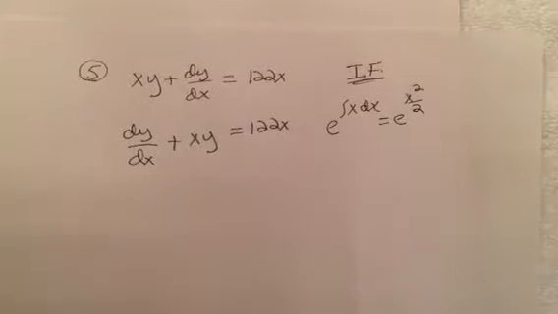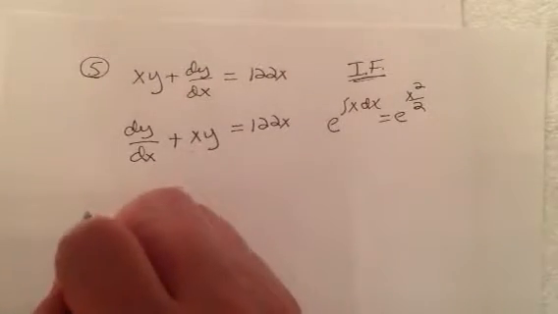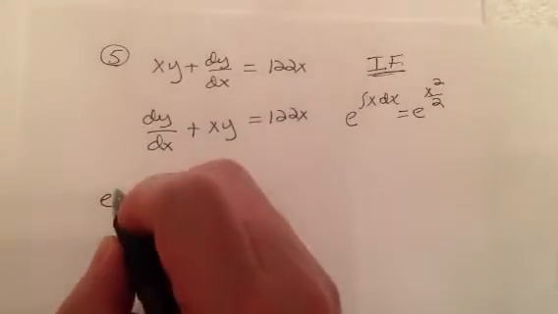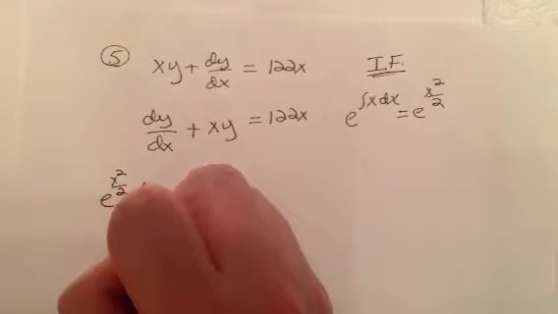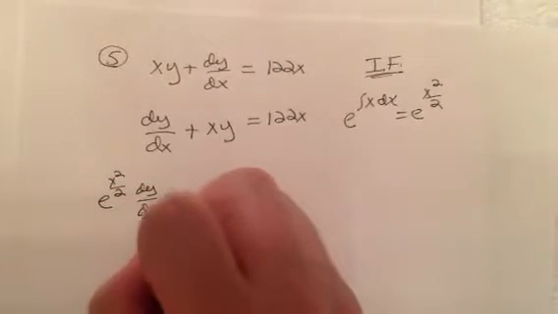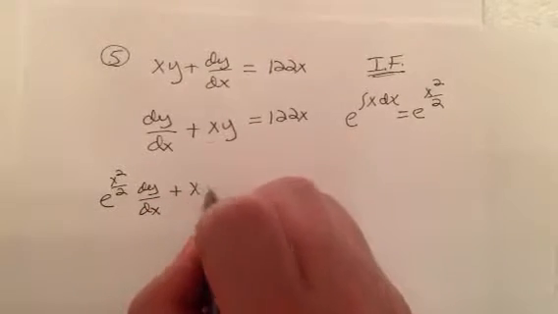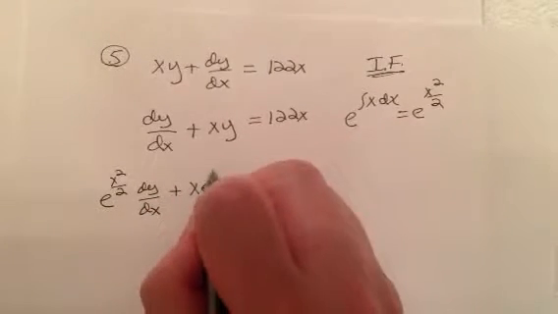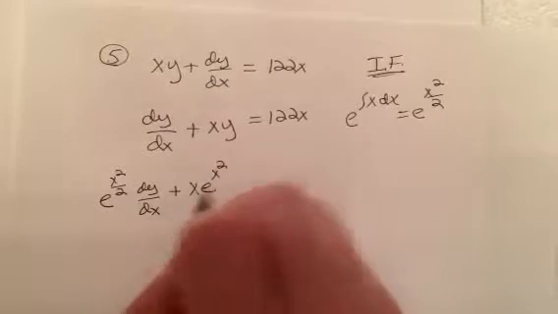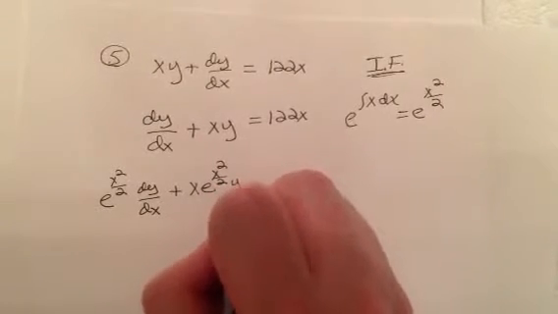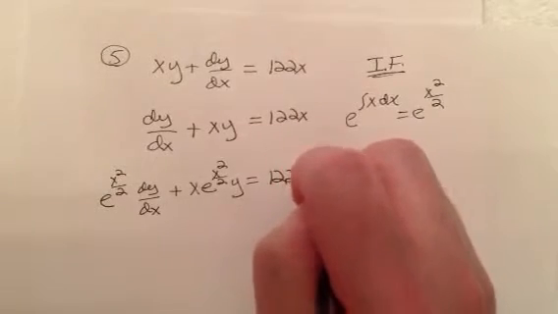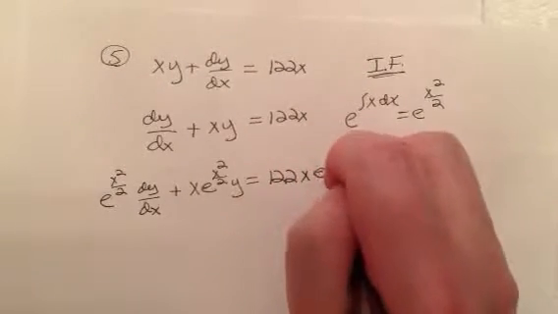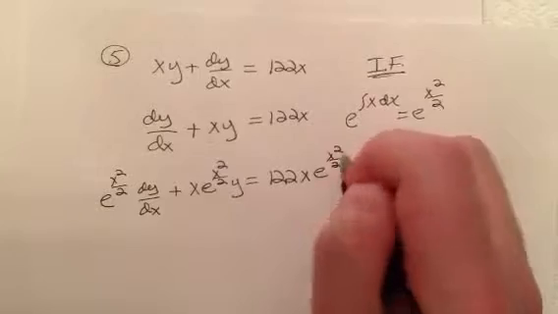If we multiply these terms out by the integrating factor, we have e to the x squared over 2 dy over dx plus x times e to the x squared over 2 times y equals 122x times e to the x squared over 2.